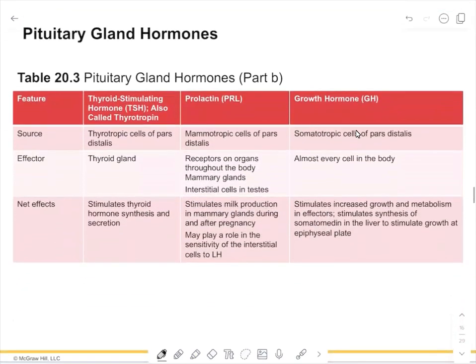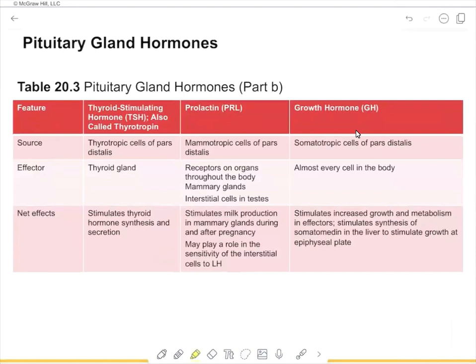On this next chart is listing three more anterior pituitary hormones. They would be thyroid stimulating hormone. You don't need to know it as thyrotropin, so we'll cross that out. But the source of this hormone is the thyrotropic cells, basically the anterior pituitary gland.